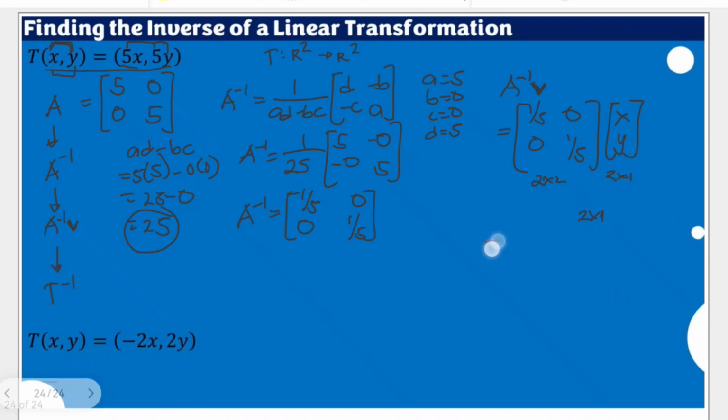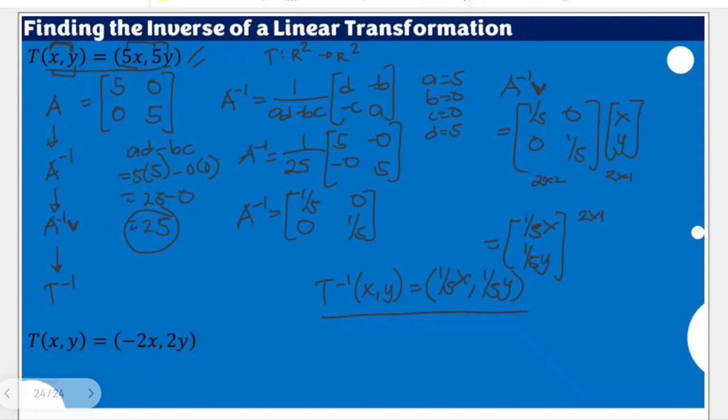So this is 1/5 times x, plus 0 y, so this is just 1/5 x. Then 0x, and then 1/5 of y. These are now the entries of the inverse of your linear transformation. You'll have the first entry, 1/5 x, and then the second is 1/5 of y. This is again the inverse of this given linear transformation.